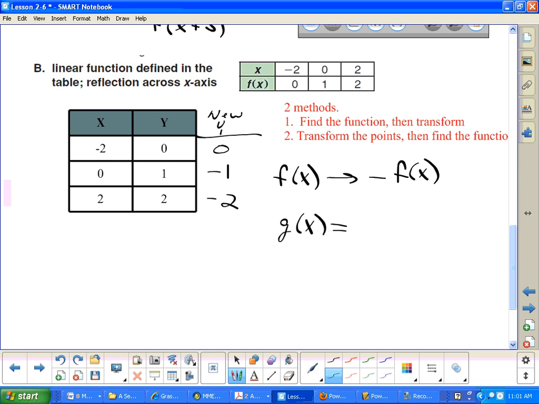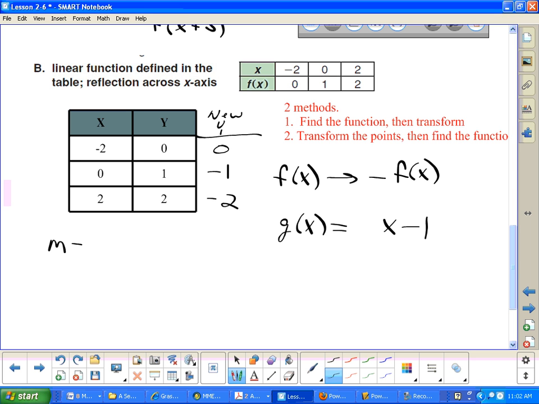So we need to find the y-intercept and the slope. The y-intercept is when what equals 0? When x equals 0. So when x equals 0, y in this case is -1. So our y-intercept is -1. And what's our slope then? Change in y over change in x.